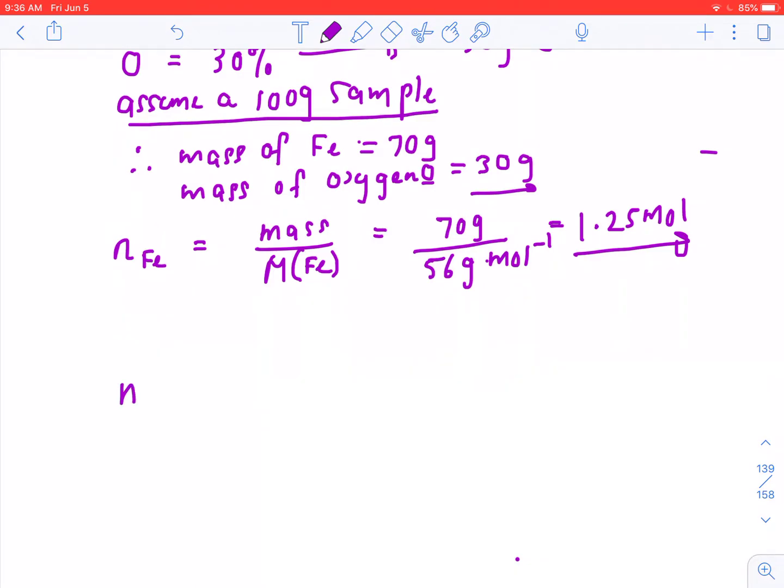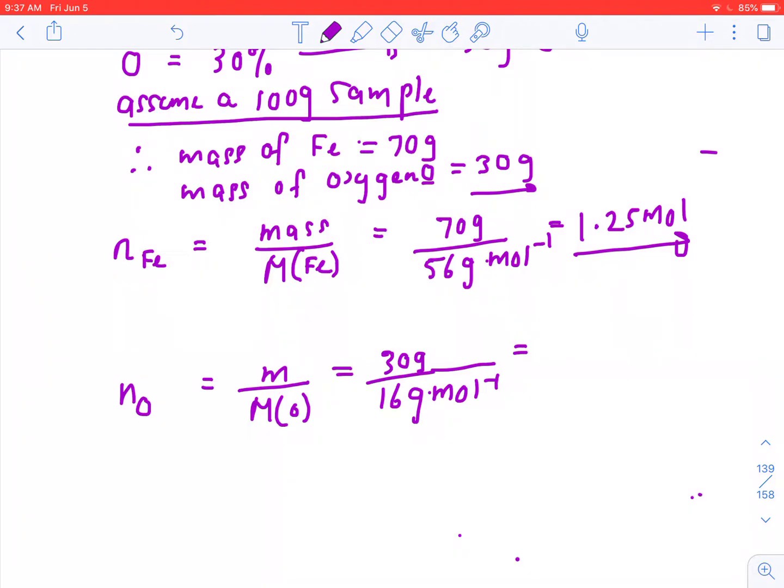And if we look at N of oxygen, that is equal to the mass over the molar mass of oxygen, which is 30 grams all upon 16 grams per mole, and that gives us 1.875 moles.